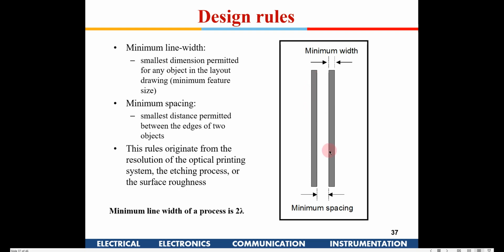But when you are using, say, metal 1, with two wires running like this, there has to be a minimum spacing here. Generally it is around 6 lambda. Those things will be specified by the fab lab. So it is not a universal law that it should be 6 lambda or 2 lambda. From fab lab to fab lab, those things will change.